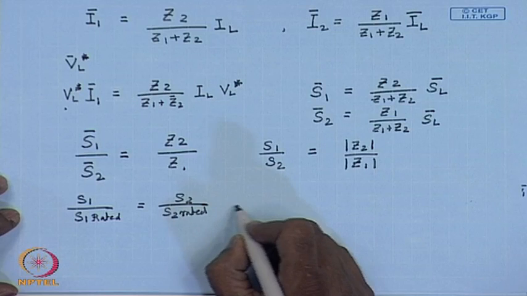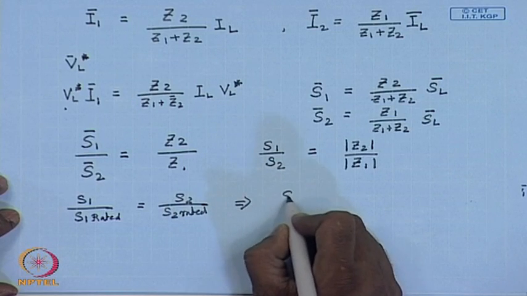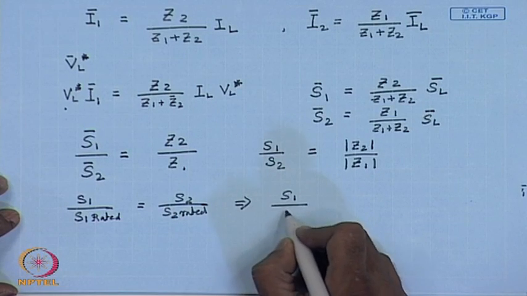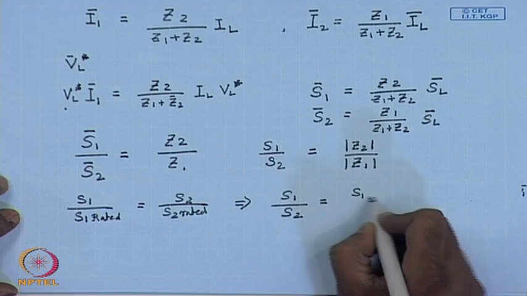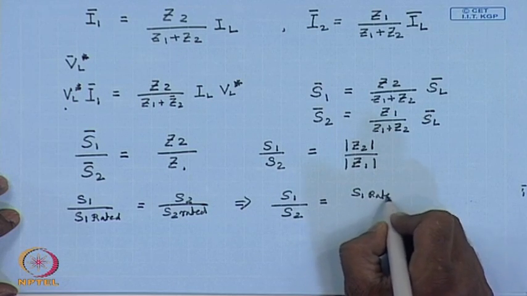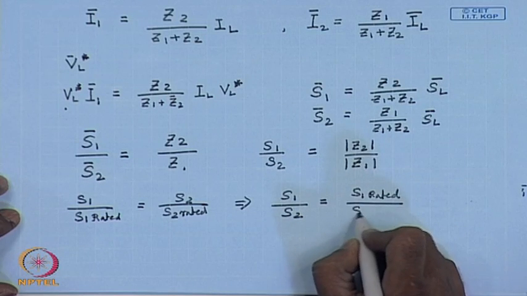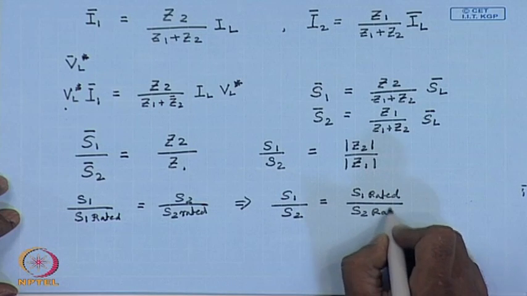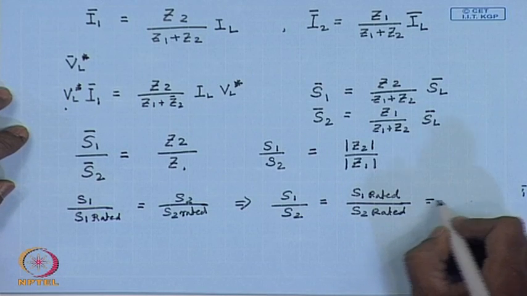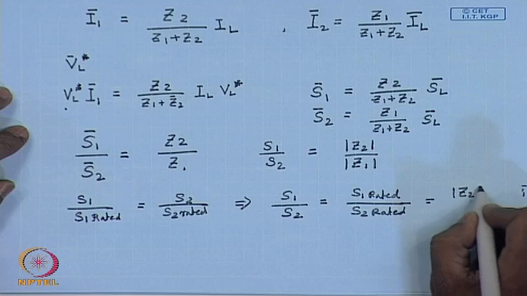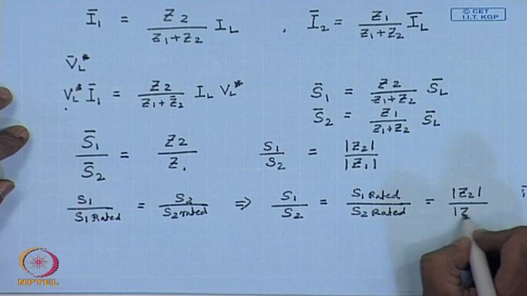Therefore, this translates to S1 divided by S2 equal to S1 rated divided by S2 rated, that is, the transformers share the total load KVA in proportion to their individual KVA rating, but this we have seen to be equal to mod Z2 divided by mod Z1.